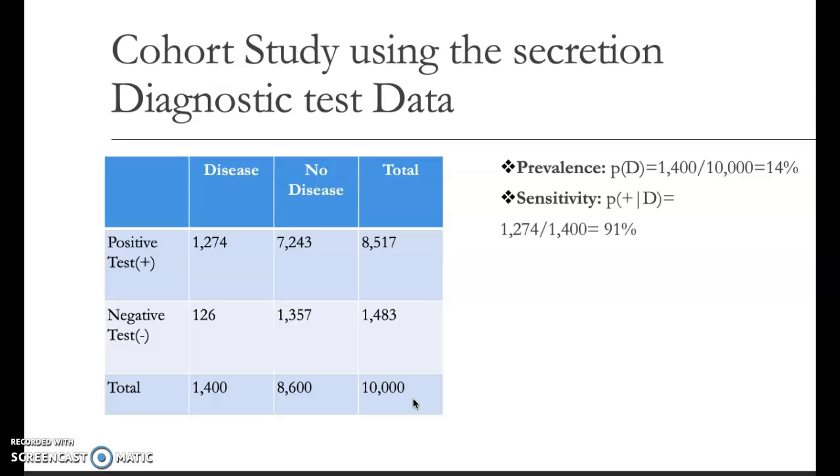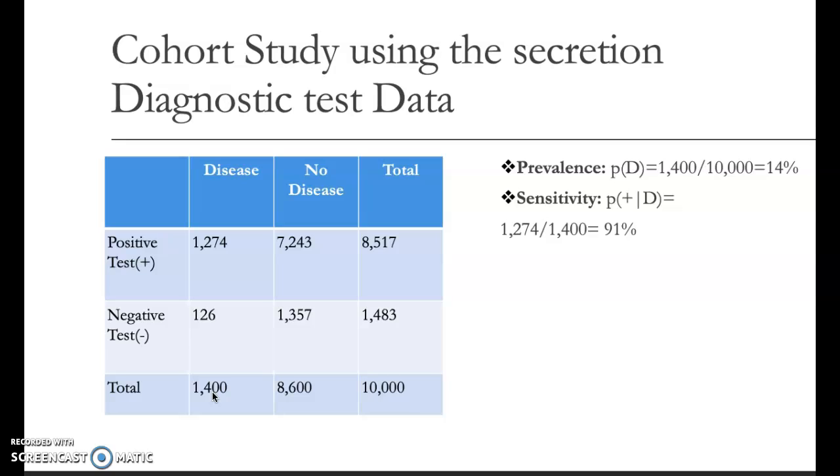So the next thing that was calculated was sensitivity. For sensitivity, we have individuals who have the disease and tested positive, which was 1,274 individuals. And then we have the total individuals who have the disease in general, which was 1,400. And this concluded at 91%.